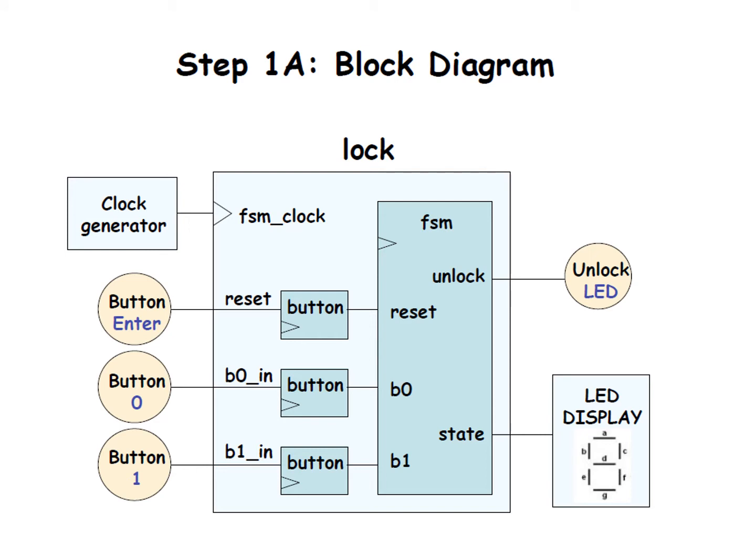First, the basic building blocks. We can briefly draw the lock and its internals. We have a clock generator. We receive the clock from the clock generator, and we have inputs for the reset button, the 0 button, and the 1 button.